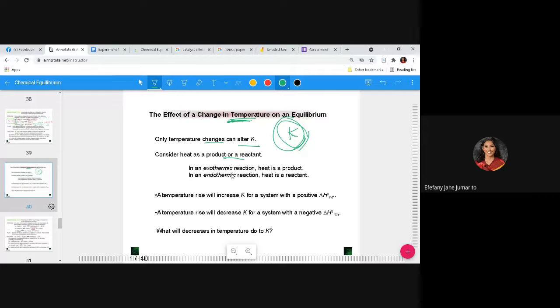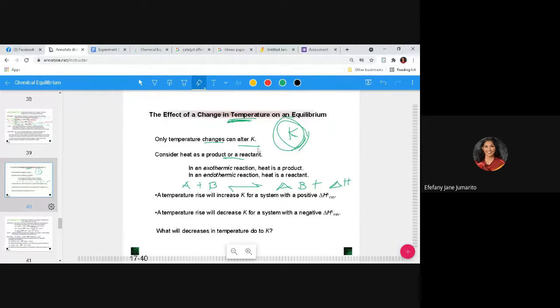Okay, in an exothermic reaction, heat is produced. So we have an exothermic example: if we have A plus B, then that will yield, reversibly, AB plus heat, since heat is released. Or, when you see a triangle, that represents heat.